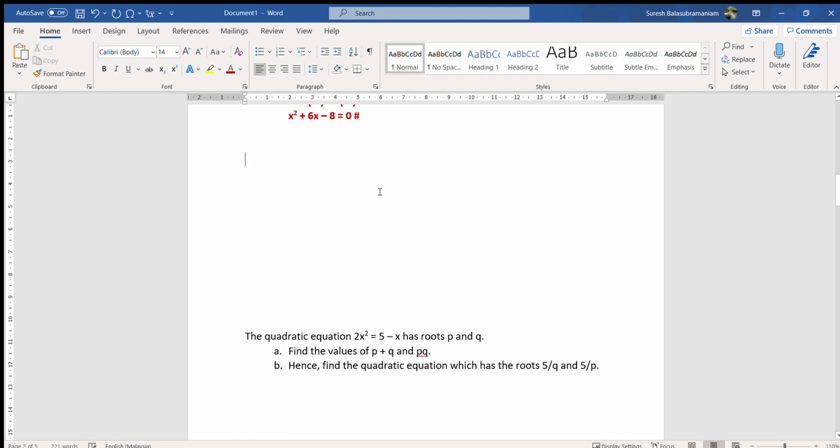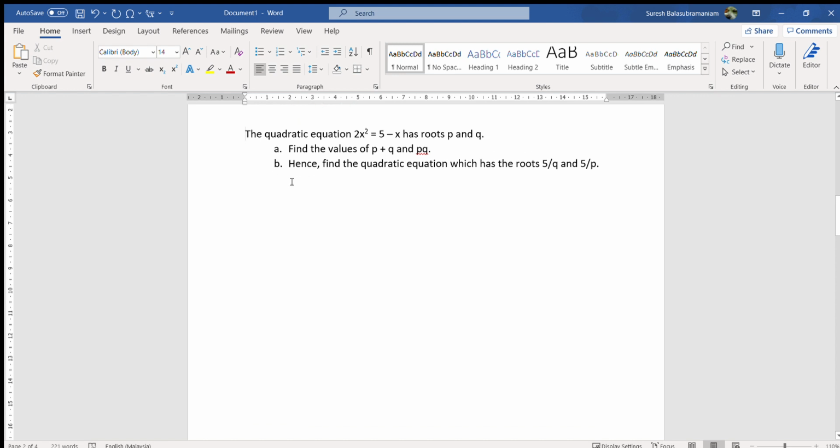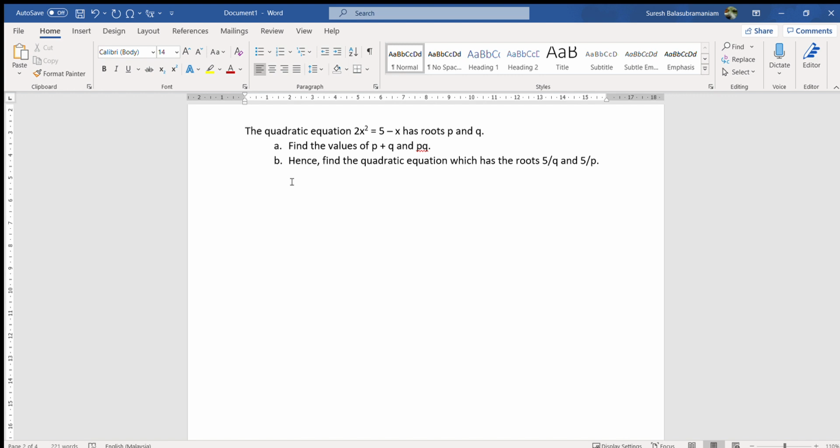Let me get the next question, the second question. The quadratic equation 2x squared equals 5 minus x has roots p and q. Find the values of p plus q and pq. So we need to find the values of p plus q and pq. Before that, p and q are the roots, so this is the sum of roots and this is the product of roots.